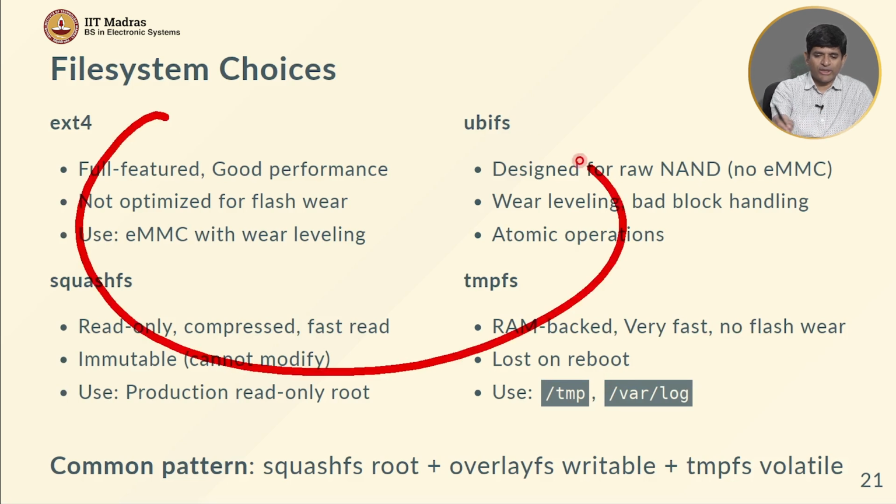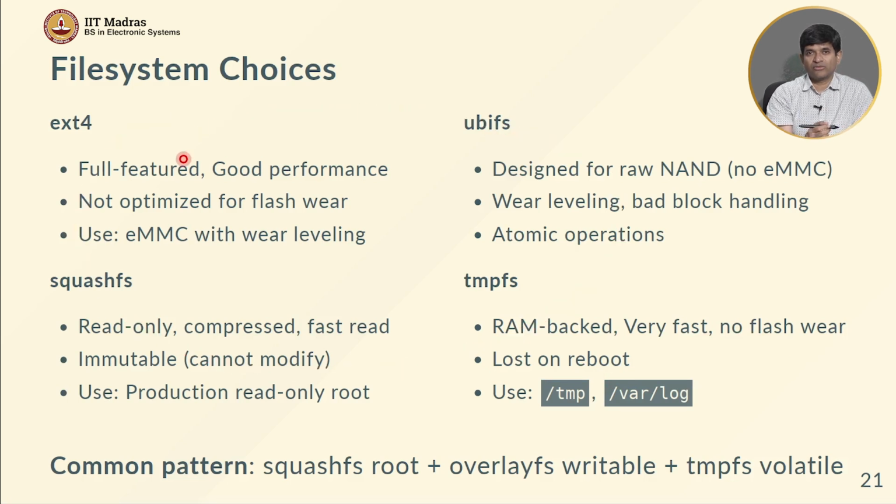What all of this together means is that very often when you are building a production system, you want multiple different things available there. You want a read-only root file system. SquashFS is perfect for that. You want some kind of an overlay which is writable, where for example you can copy new files, you can store temporary data, you can use it to write some programs and so on.